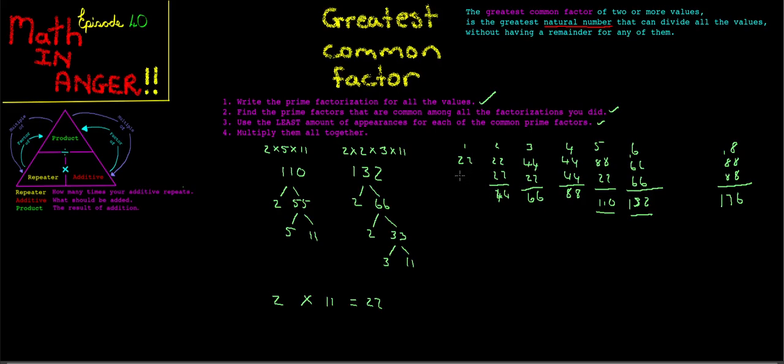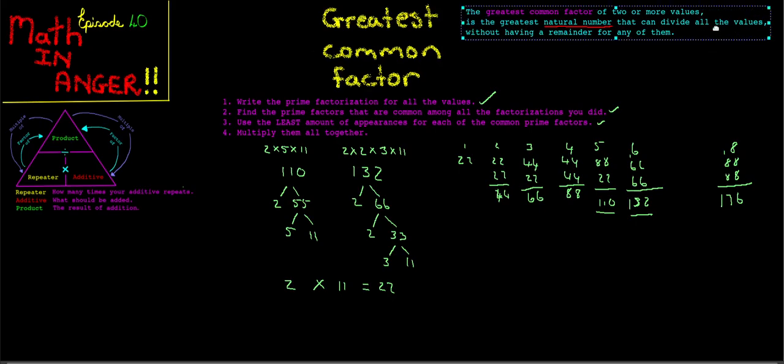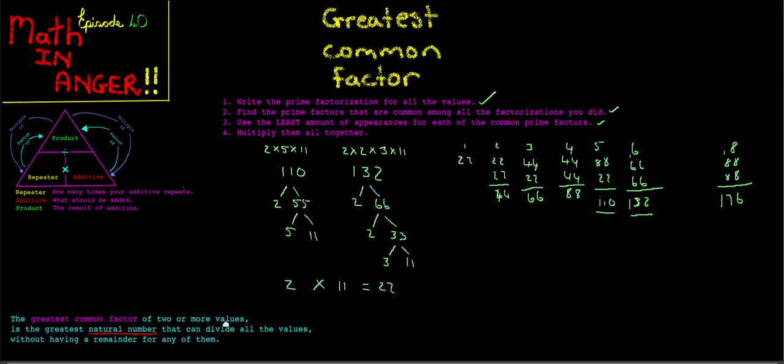Do you see it still comes back to your multiplication table? That's all it is. Right. But now you know the greatest common factor. You know that it ties back to your multiplication tables.